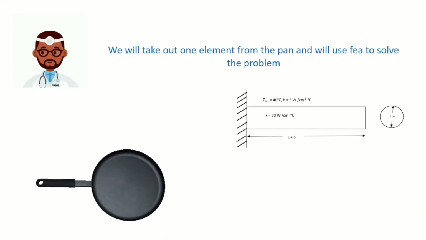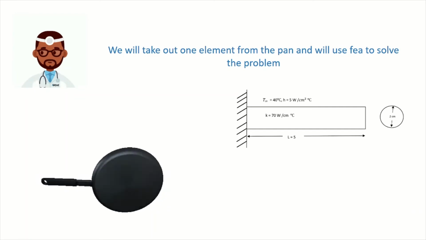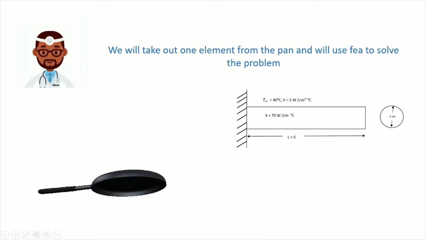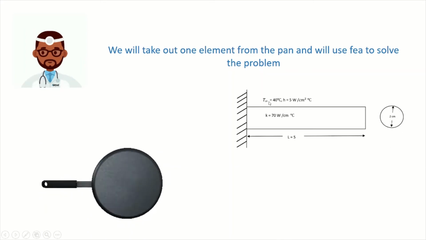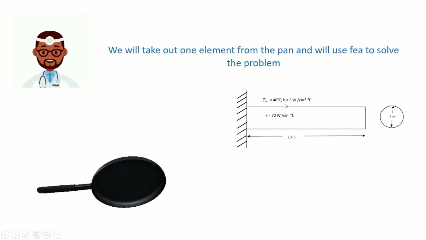Now, generally in FEA, we don't take the whole element. Got it? So we only take a small part whenever we are doing mathematical modeling. So we will take out one element from the pan, and we will use FEA to solve the problem.